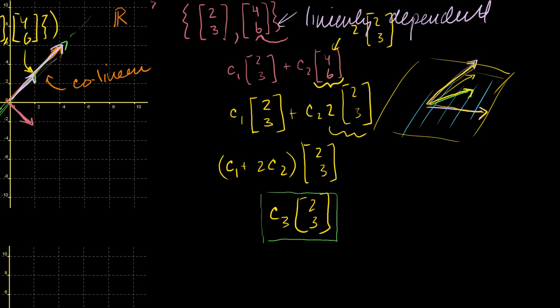So this green vector I added isn't going to add anything to the span of our set of vectors. And that's because this is a linearly dependent set. This one can be represented by a sum of that one and that one, because this one and this one span this plane.